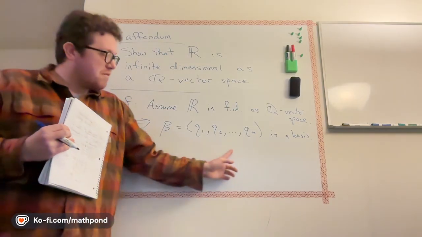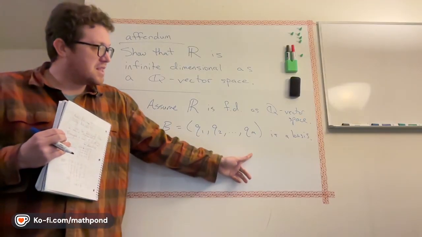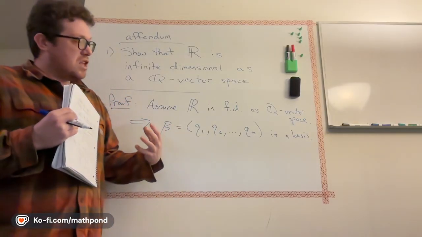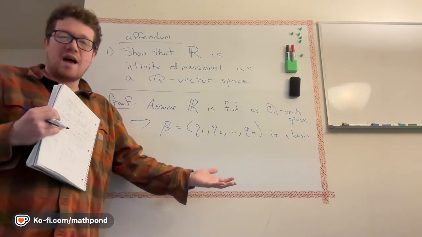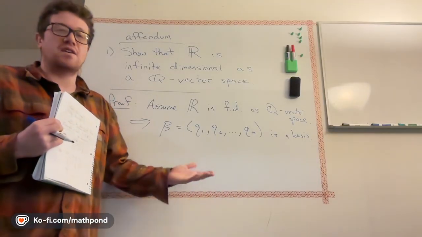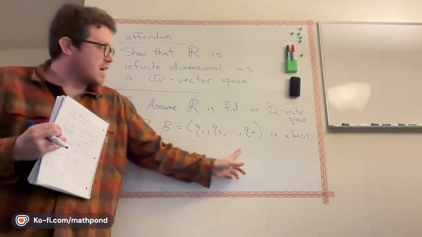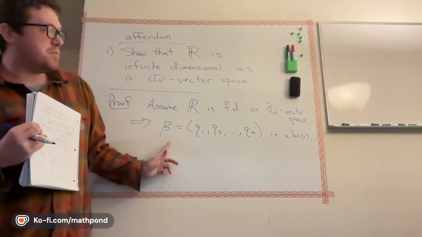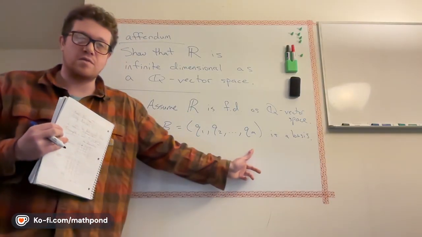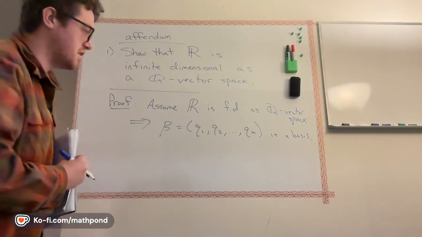Well, since we're taking finite linear combinations of a finite number of numbers, this is the step I'm a little hand wavy about, but you can only get at most countably many numbers from this process of taking linear combinations, right? So if I look at all possible linear combinations, by assumption, if it's a basis, then R is all linear combinations of these numbers. But this is a countable set and R is uncountable. So that would be a contradiction.